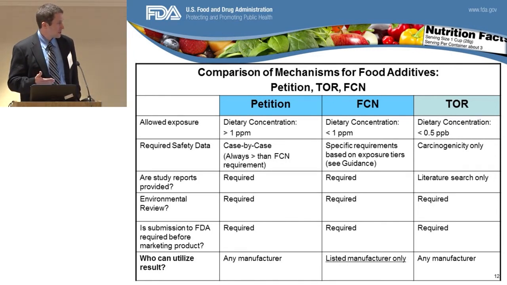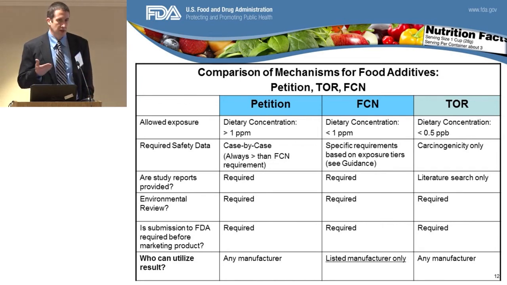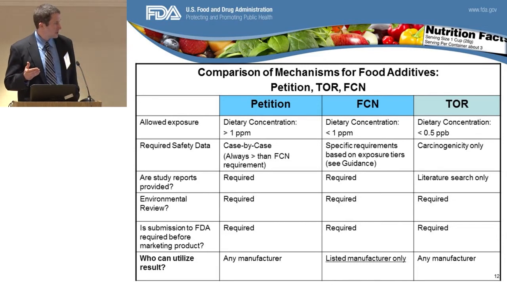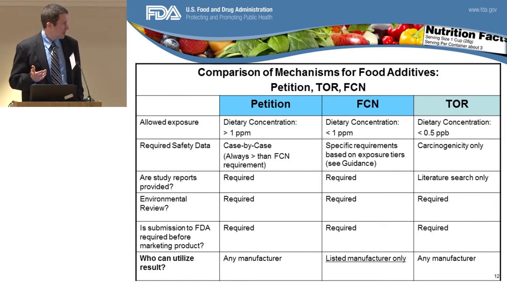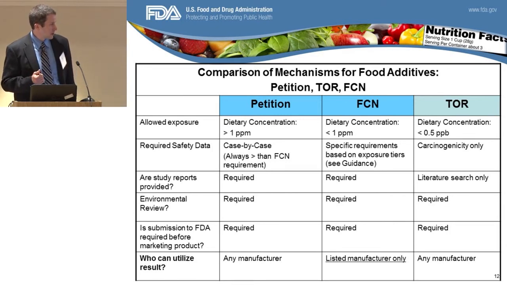Our study reports provided, yes, so if you're a company that's done your own toxicological studies on the substance for either a petition or an FCN, you would have to provide that to us. All 3 of these mechanisms have an environmental review component, so you would have to provide information as required under the National Environmental Protection Act, or NEPA. And once again, submission to FDA is required before marketing the product.